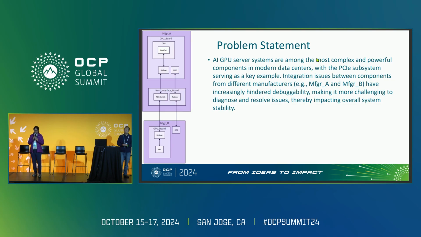Primarily because we use different manufacturers all the way from the CPU to the retimers, the switches, and the accelerator cards. And having to stitch all these different components together has hindered the debuggability, and it makes it more challenging for us to diagnose and resolve issues, thereby impacting the overall stability of the platform.